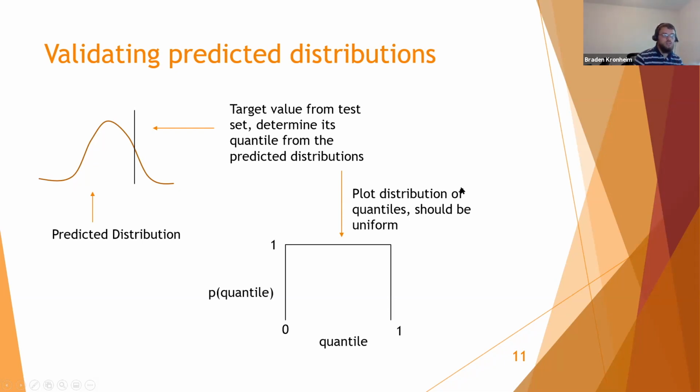And then we collect all of those quantiles across the training set, and we just plot the distribution of the quantiles. And assuming that the distributions predicted are actually meaningful, this should be essentially a uniform distribution.